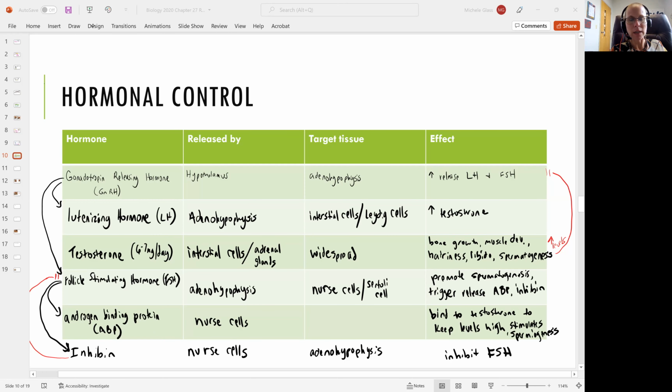So when we have the inhibin released, we kind of slow down the production of sperm cells. And when we get testosterone levels very high, we kind of shut down the gonadotropin releasing hormone. As soon as your testosterone levels drop, then your gonadotropin releasing hormone will increase. So then you're kind of keeping this system hormone production in regulation.